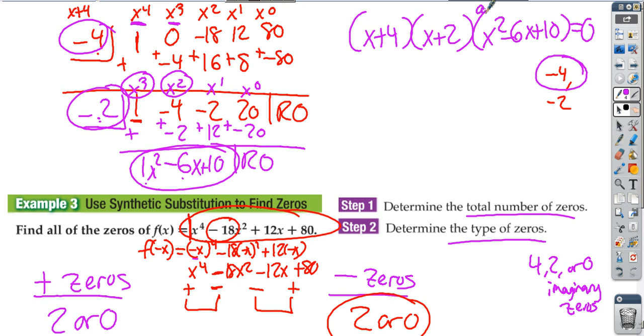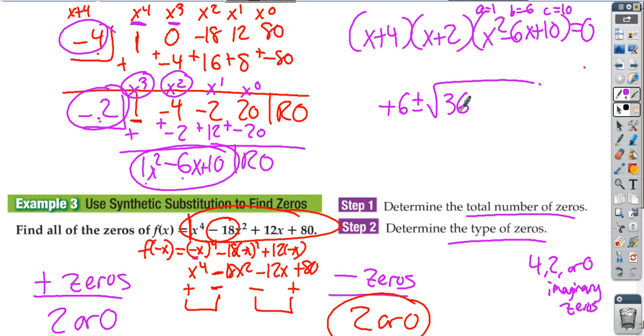So a is 1, b is negative 6, and c is 10. So let's just plug in those numbers to the quadratic formula, and we'll see what we end up with. So we have negative b, so negative negative 6, plus or minus the square root of b squared, that's negative 6 squared, which is 36, minus 4 times a, which is 1, times c, which is 10, all over 2 times a, or 2 times 1.